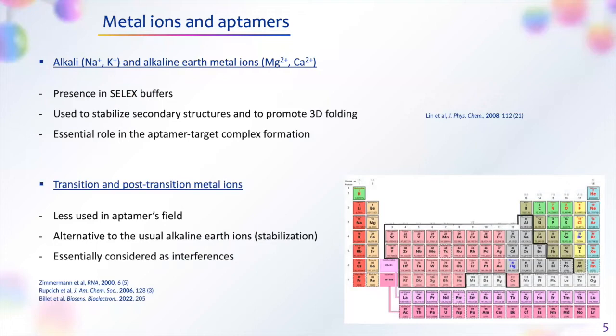Some of them could be used as an alternative to the usual alkaline earth ions to stabilize some aptamer structures, but they are mainly considered as interferences in the development of fluorescence-based aptasensors. Nevertheless, it is this group of elements that will attract our curiosity.